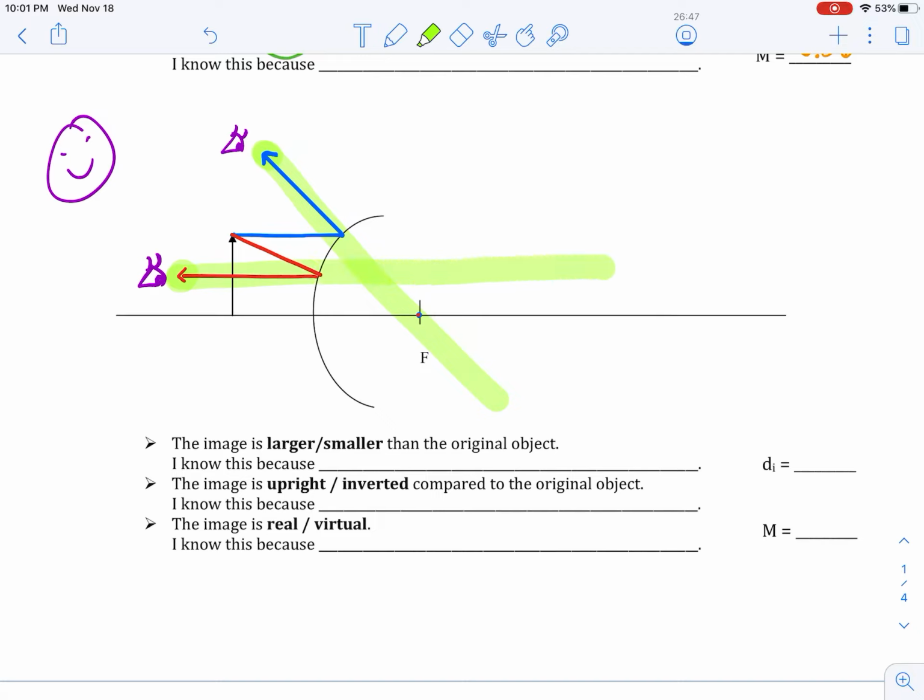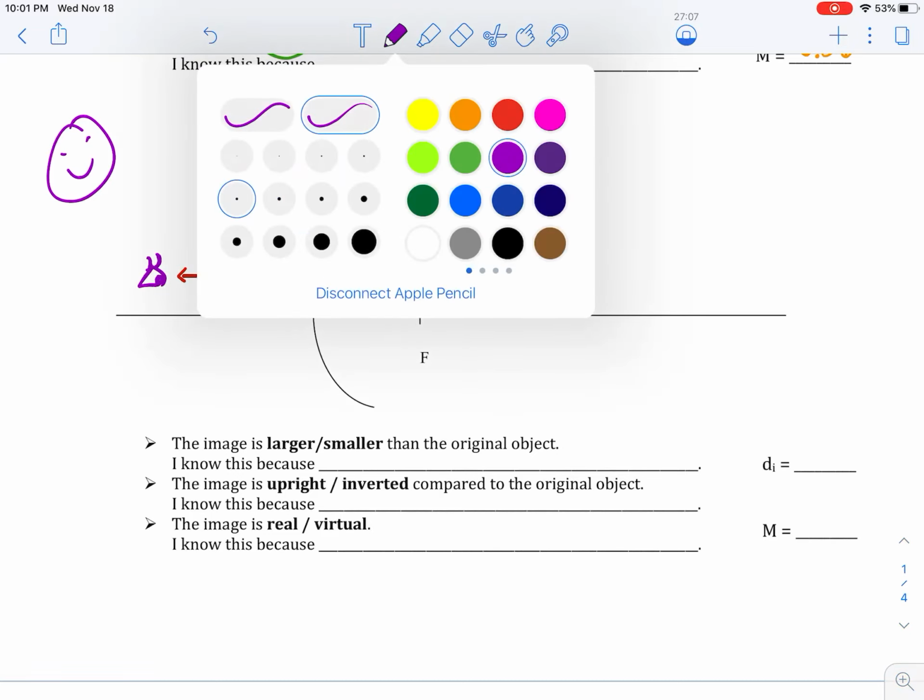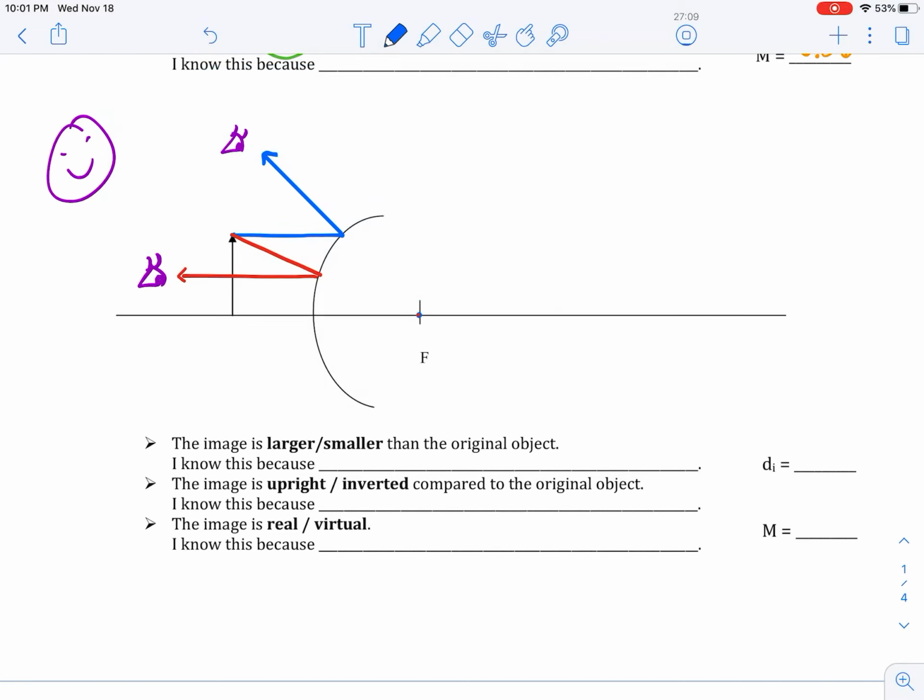Here is the other beam of light that reaches my eye, and my brain says light travels in a straight line. So your brain thinks that that light originated along this path. So that's the gist of what we're going to do. We're going to have to backtrack and figure out where that intersection point is. So let's do this accurately.